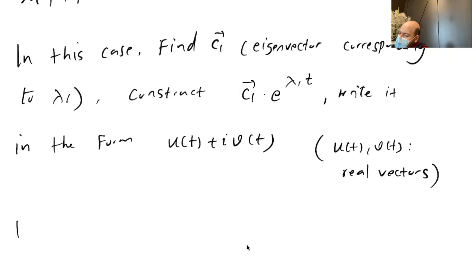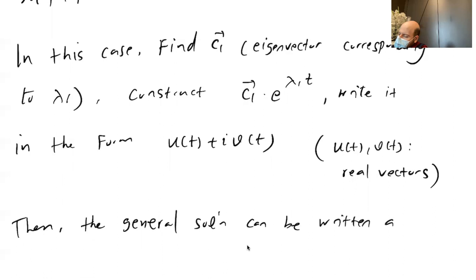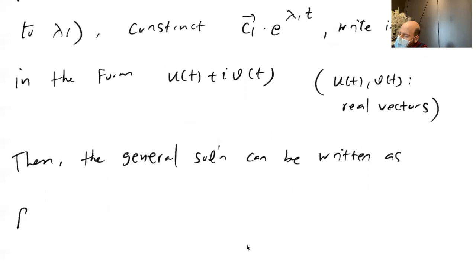Then we saw that the general solution can be written as some beta 1 u of t plus another constant, beta 2 v of t.